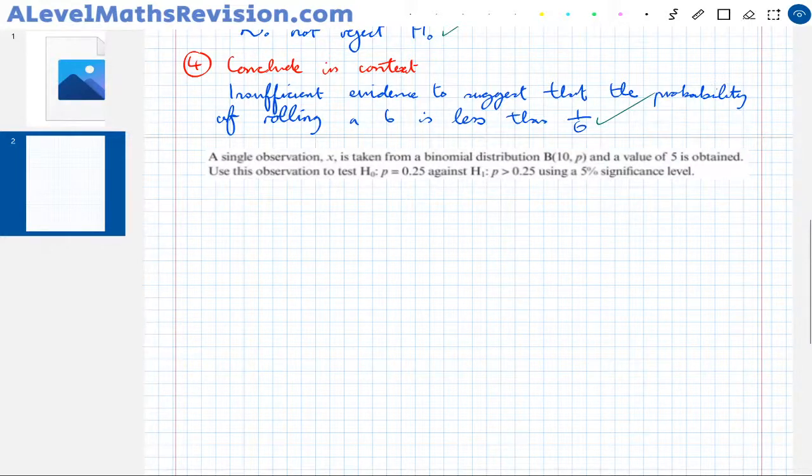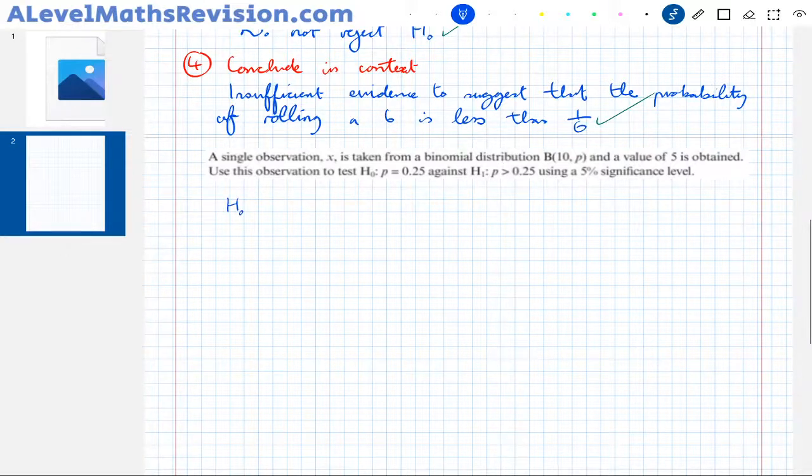So that could be thought of as rolling 5 sixes. Use this observation to test the null hypothesis that the probability was a quarter against the alternate hypothesis that the probability was bigger than a quarter, using the 5% significance level. So there's no context to this, so we can't really say in words what it's representing. Like before it was about rolling 6s on a dice. There's none of that currently. But let's just write the hypotheses out anyway.